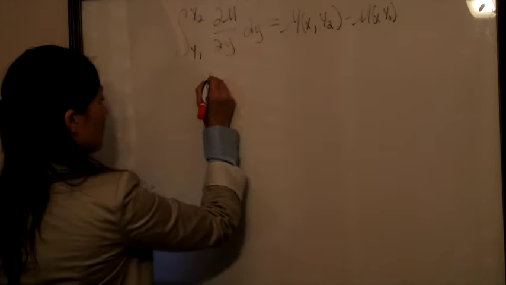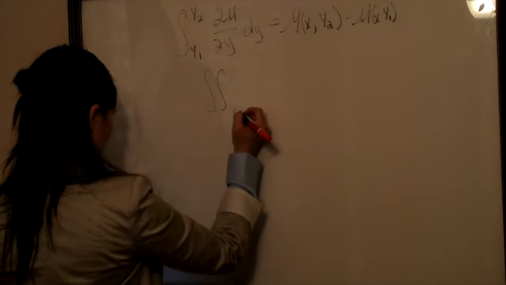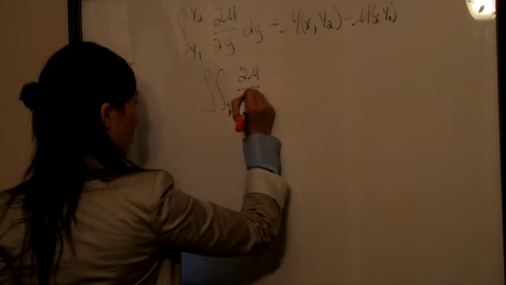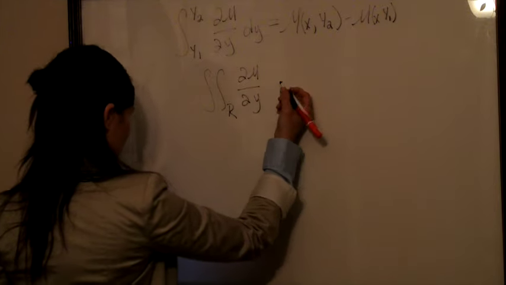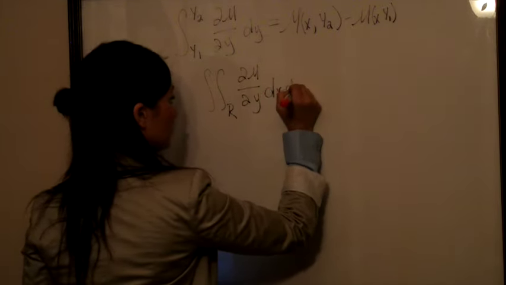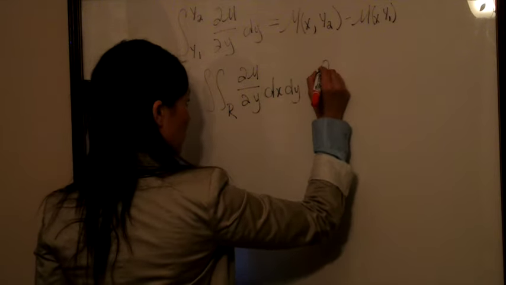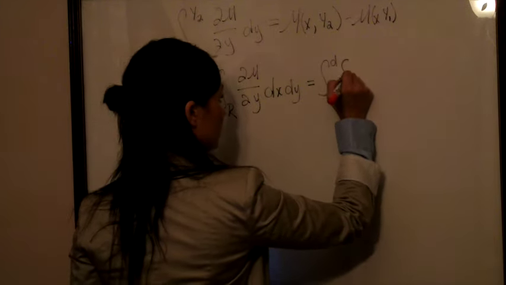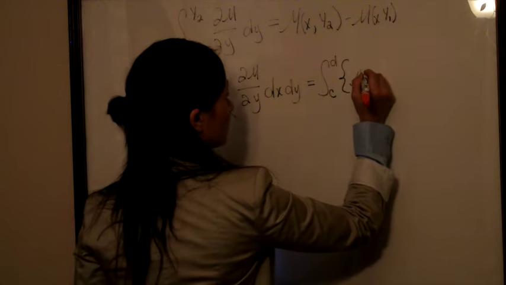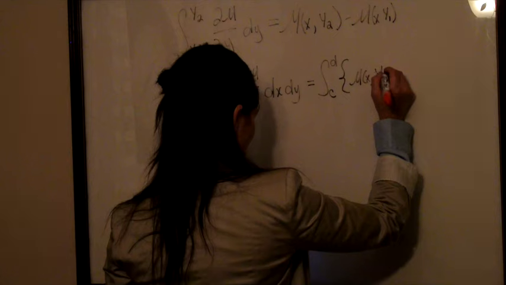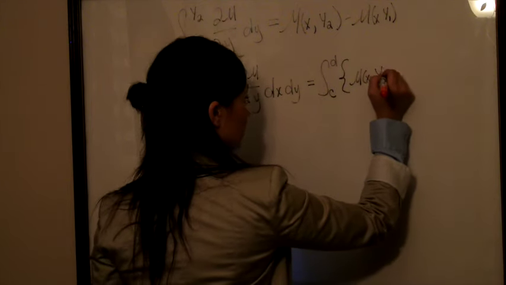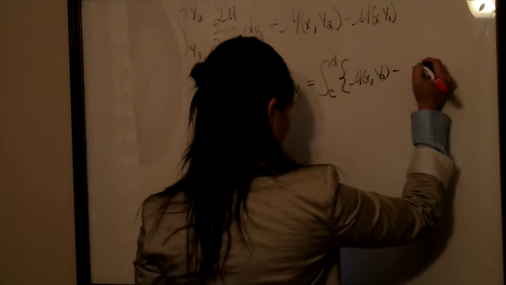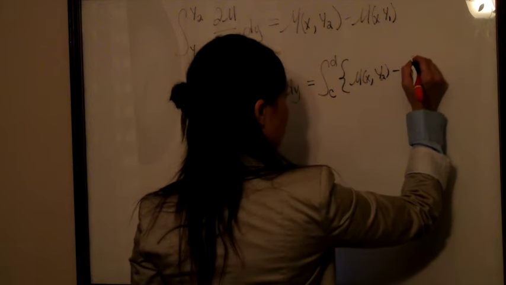which is equal to our integral with upper d, lower c, of M(x, y2) minus M(x, y1) dx.